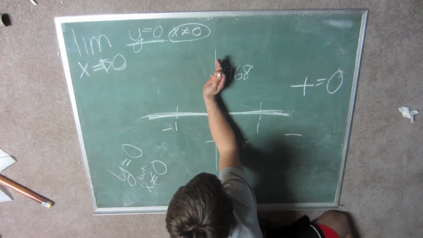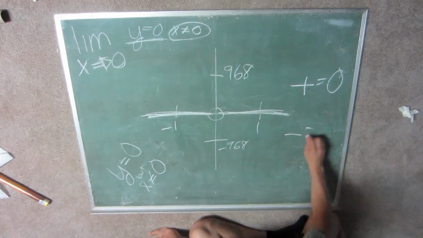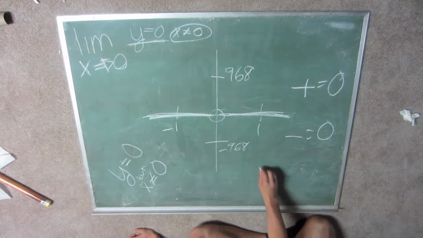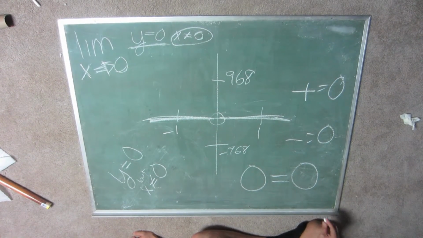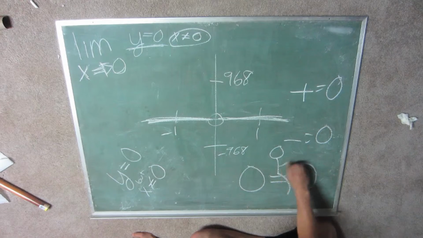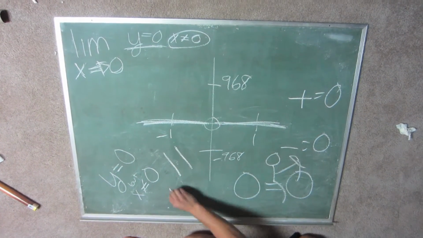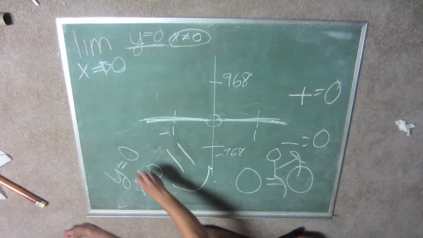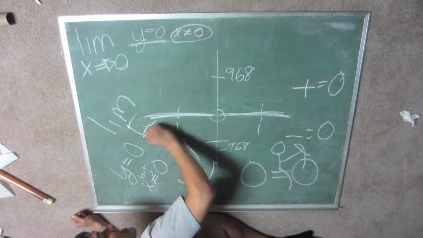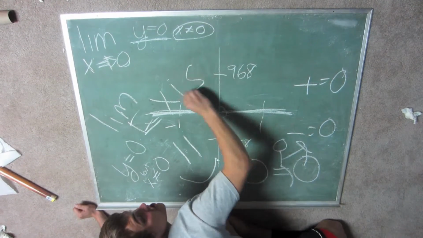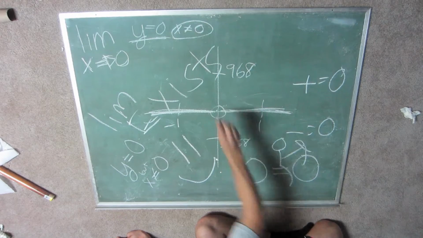That could be 0. We wouldn't know. So from the left equals 0, and does 0 equal 0? Yes, it does. So this is happy time. The limit exists, and the limit will be 0 when x approaches 0.